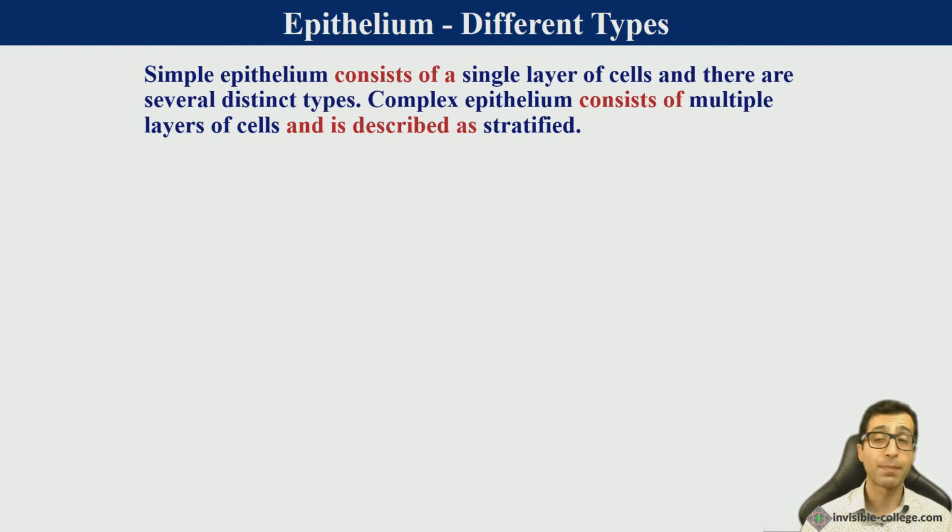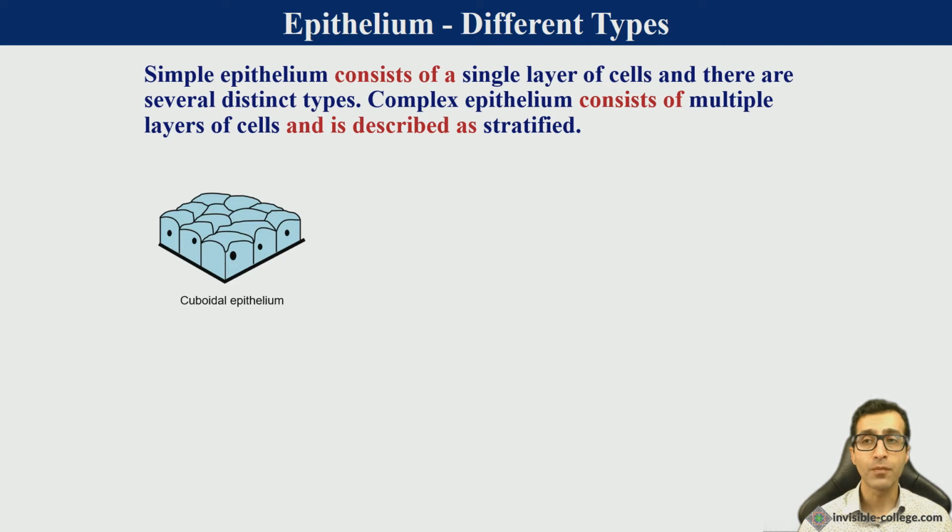Now, complex epithelium, in contrast to this, consists of multiple layers of cells. Now, this arrangement of multiple layers of cells, biologists will describe as stratified epithelium. So, for example, in geology, stratigraphy is the study of the layers of geological materials like rocks, and we use the same word in a similar way in biology.